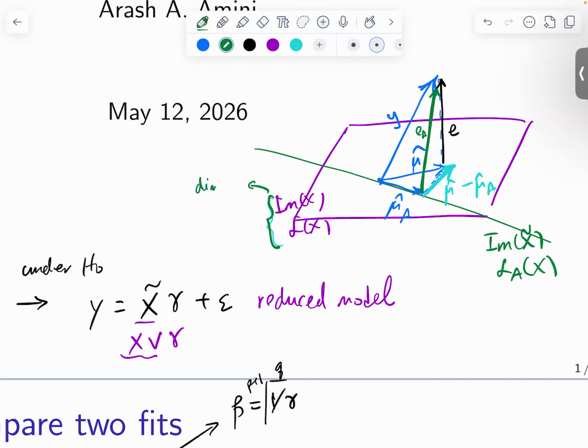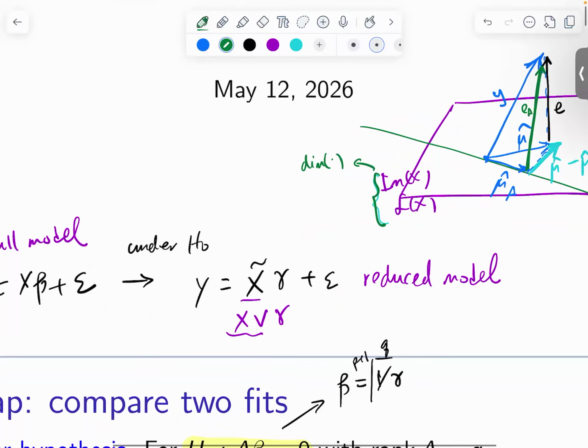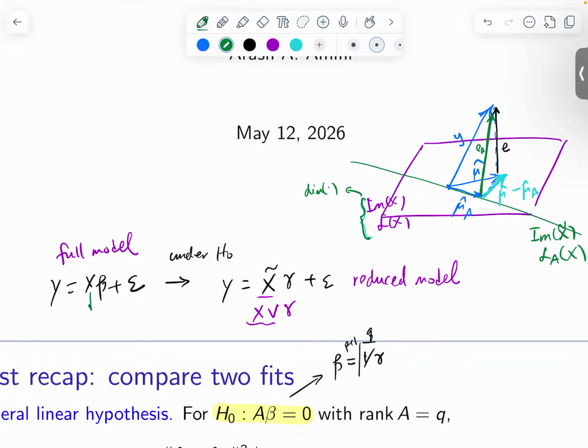Dimension. If you have p plus 1, p covariates plus the intercept. So basically the dimension of the image of this, anyone remembers?